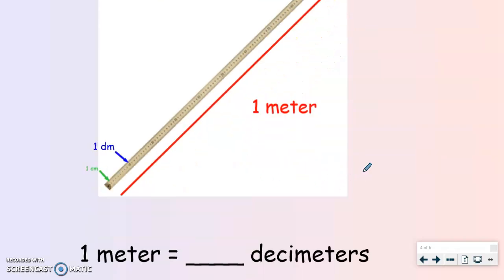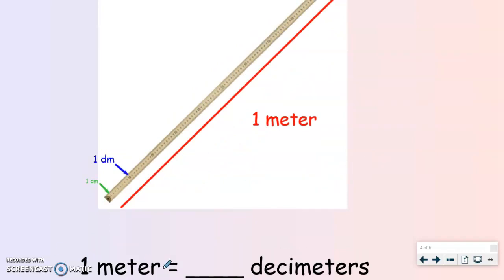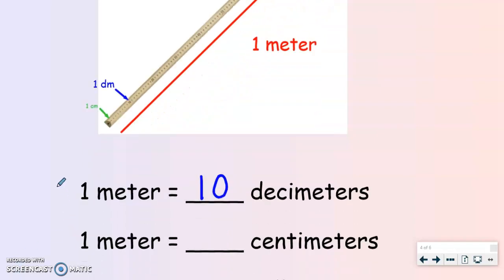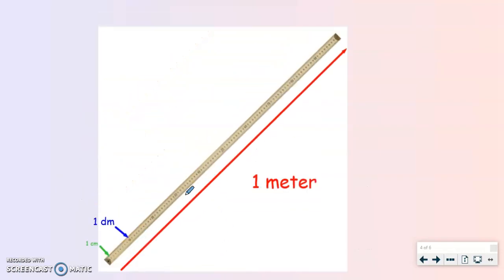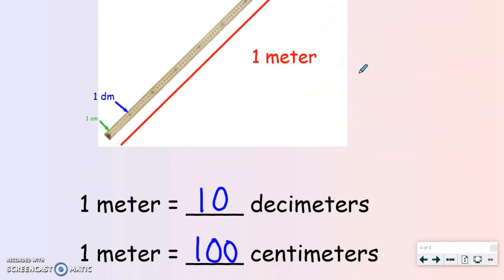So again, if I had groups of 10 here, or did jumps along the stick, that would be 10 decimeters, and that would be 100 centimeters. If you look at all the little numbers here, this would be 90, going all the way up to 99, and then 100 would be the 1 meter mark.